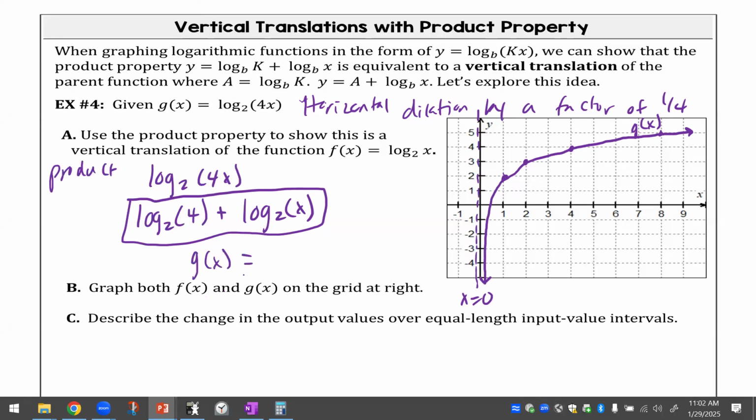Someone tell me, what is log base 2 of 4? And we just had a quiz, so please don't tell me you don't know this. 2. Thank you very much. So 2 plus log base 2 of x. So again, we can see that that's a vertical translation 2 units up.